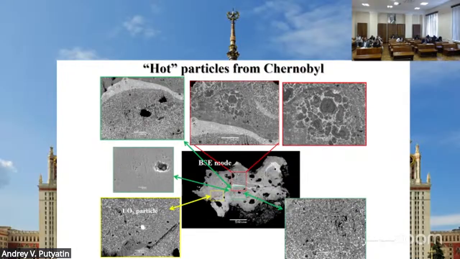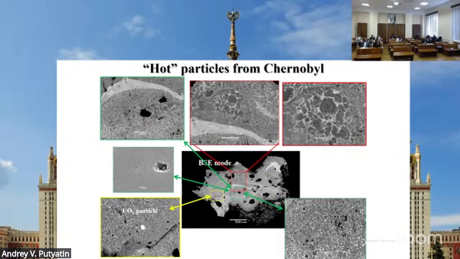So in the center, you see the whole particle itself, and here you see some interesting regions of interest from this particle. And you see some features of thermomechanical flow. So some material was plastic at high temperature, it was plastically deformed.